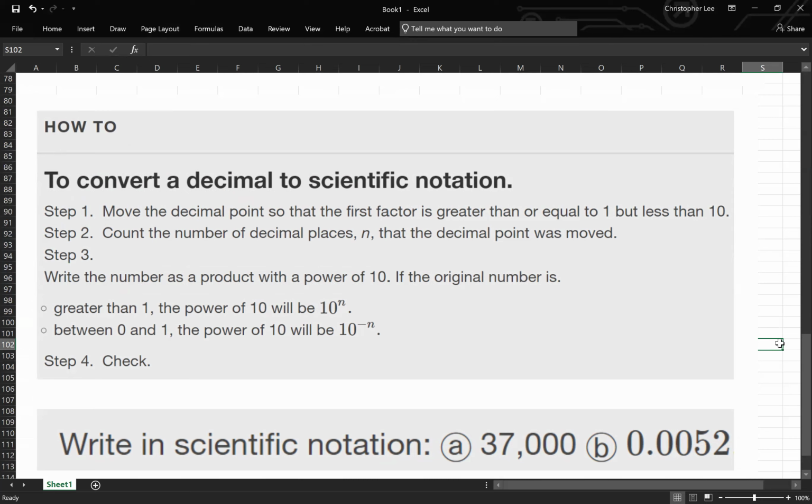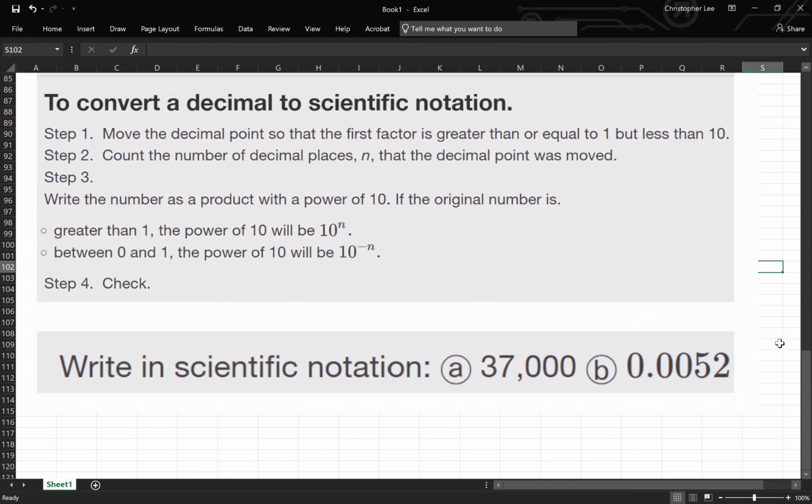Step two, count the number of decimal places n that the decimal point was moved. Step three, write the number as a product with a power of 10. If the original number is greater than 1, the power of 10 will be 10 to the n power, positive exponent. If it's between 0 and 1, the power of 10 will be 10 to the negative n power, it should be a negative power. And then step 4, check. Let's try it out.